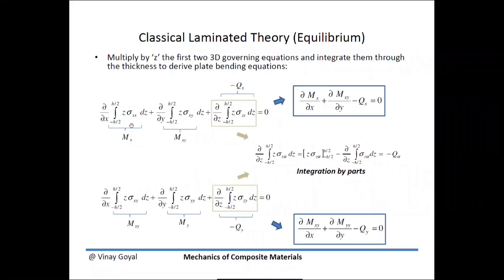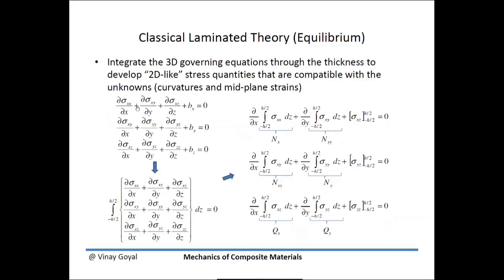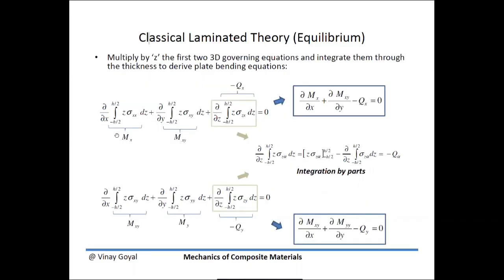So here it is. I multiplied by z, integrated through the thickness, and I did it for two of the equations. What I want you to focus on is this term right here. All we've done is taken the first two equations, multiplied by z, integrated through the thickness, and then distributed the integrals into the integrand.